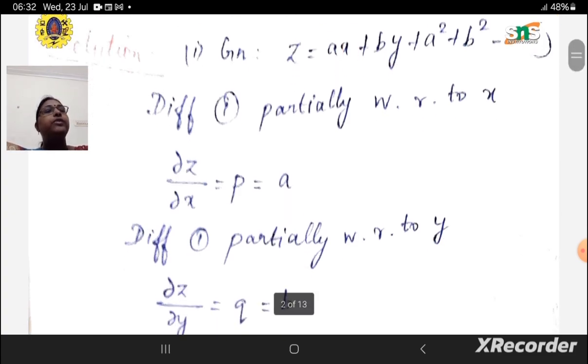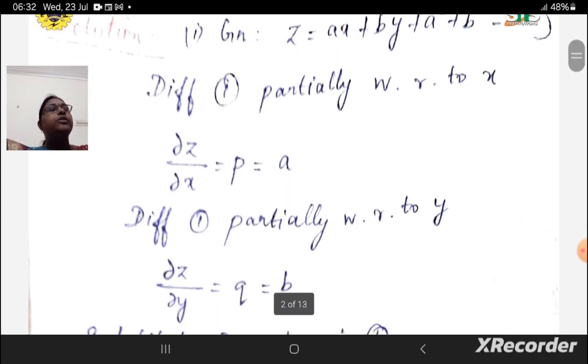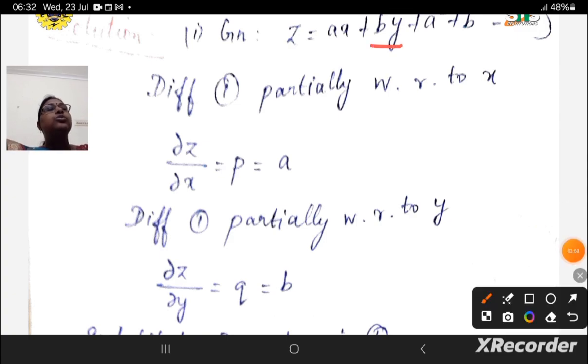Similarly we differentiate with respect to y. Here only the y term contributes, and the remaining terms are constants. So ∂z/∂y, which is called q, is equal to b, since on the right side we get only the derivative of by, which is b.